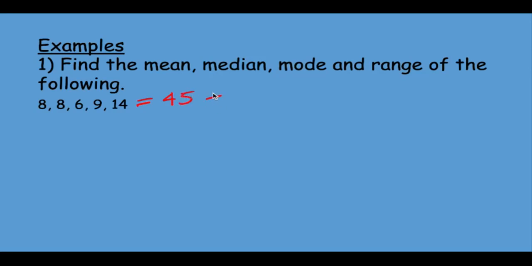And then we're going to say, well, I've got 1, 2, 3, 4, 5 numbers here. So 45 divided by 5 is 9. So I know I've got a mean of 9.